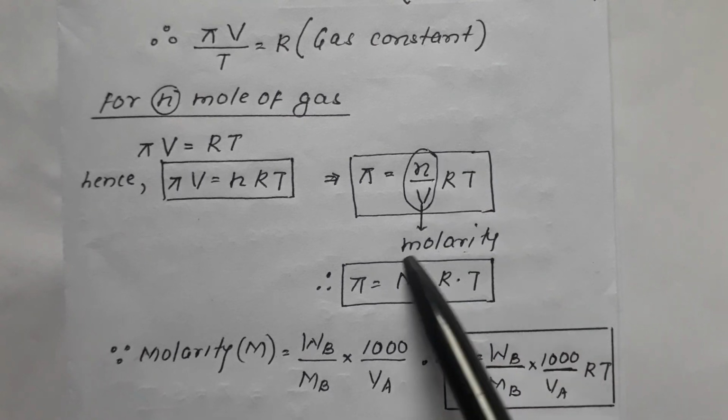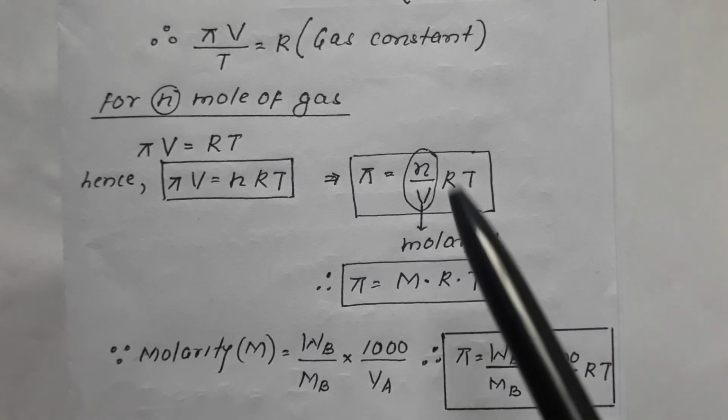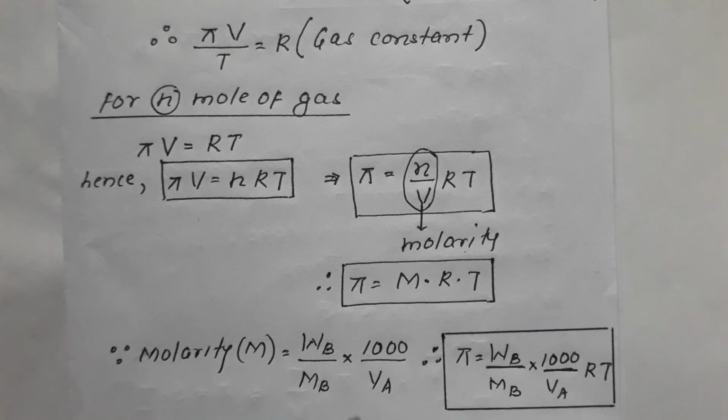Therefore pi is equal to m into R into T, where pi is the osmotic pressure, m is the molarity of the solution, R is the gas constant, and T is the temperature of the solution.